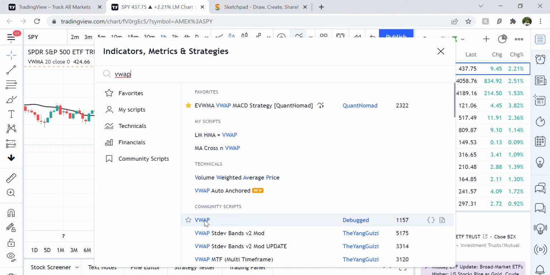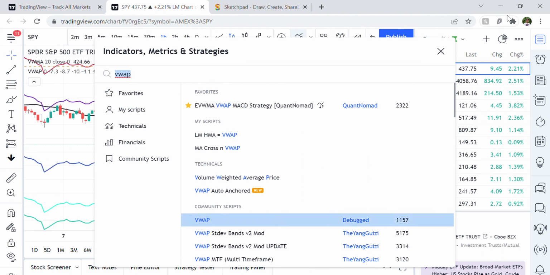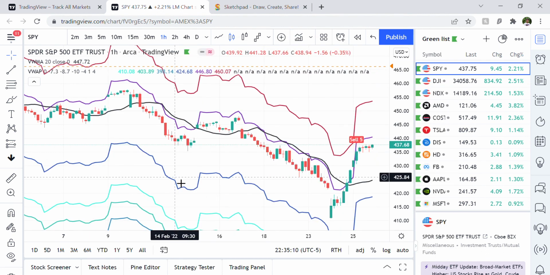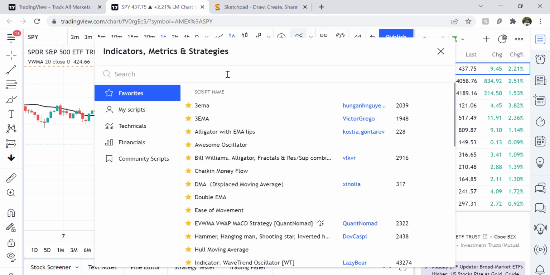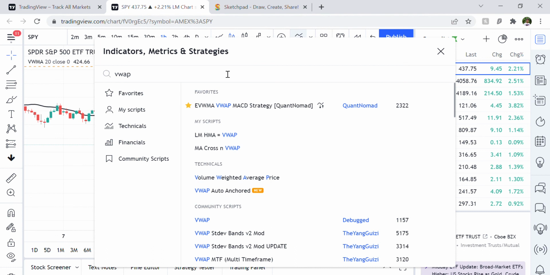VWAP is volume weighted average price. Okay, oh my god, this is some other VWAP. Okay, so yeah, I have entered a VWAP.